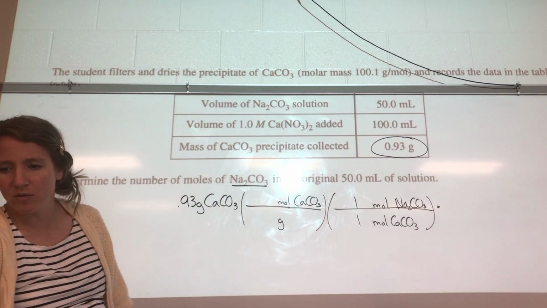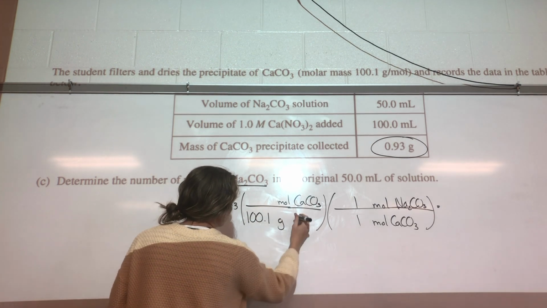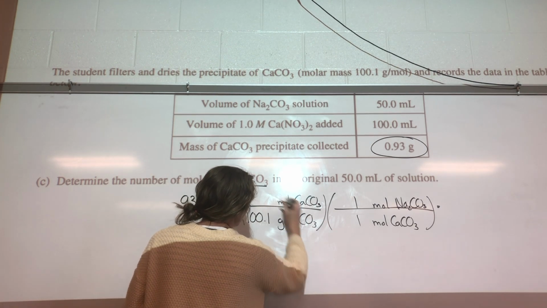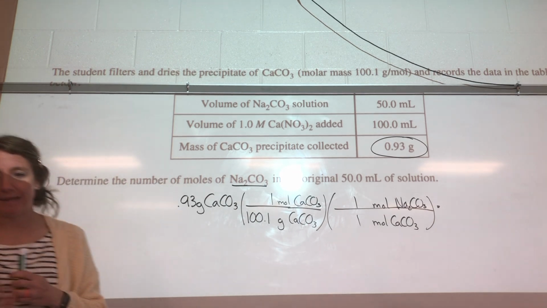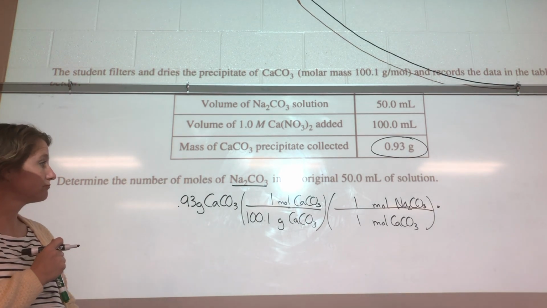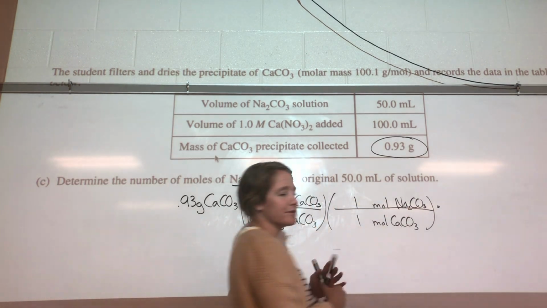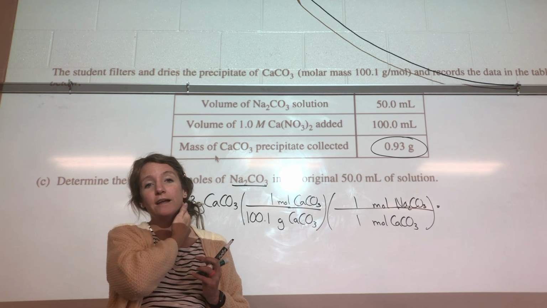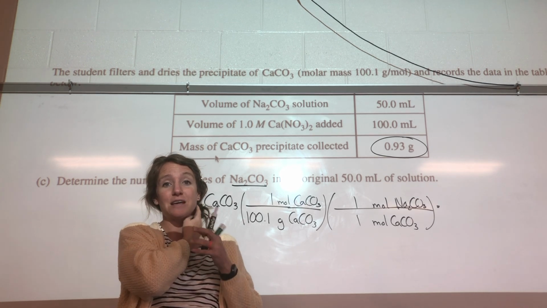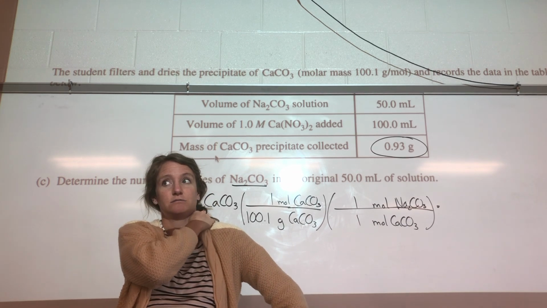This would be whatever the molar mass of calcium carbonate is. And then solve it through and we get our final answer. Okay? Once again, this is what we want to use as our starting point, not the 1 molarity that the problem gave in the beginning because that was an excess amount, so that would give us more than what we actually have.